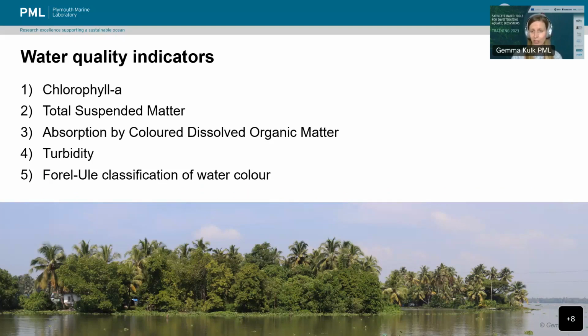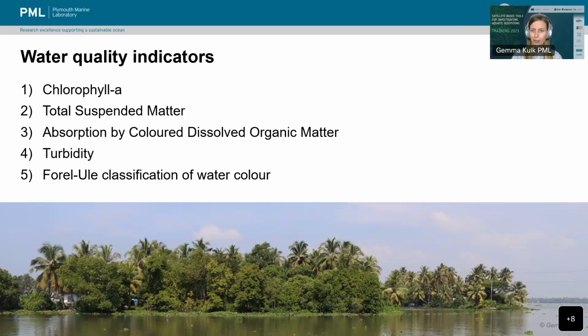Then the second one is total suspended matter, operationally defined as all organic and inorganic suspended particles larger than 0.7 micrometers. And then we have the absorption by colored dissolved organic matter, which is the light absorbing fraction of organic particles that are smaller than 0.45 micrometers. So that's dissolved organic matter.